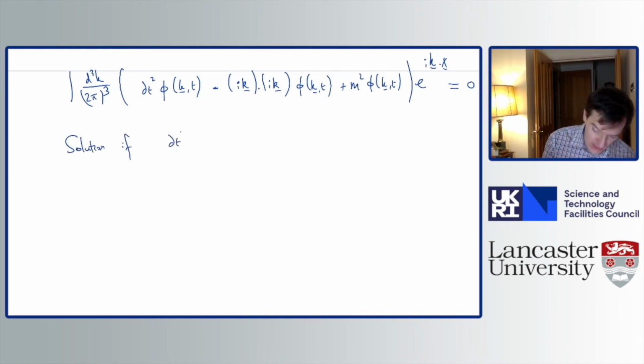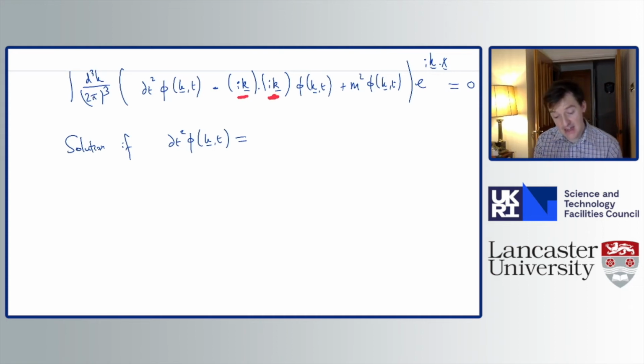if dt squared, the time derivative acting on the Fourier modes, which are labeled by k, is equal. Let's look at this. So we get an ik times an ik, so we get a minus k squared here. So we'll get a plus k squared overall.